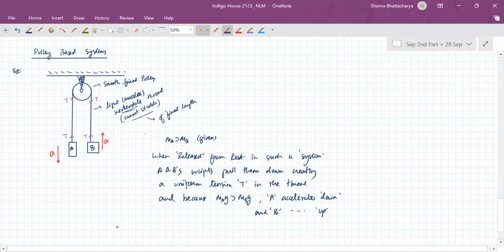So suppose in a problem like this, we are given the mass of A's value, the mass of B's value, and acceleration due to gravity as 10 meters per second square. And we want to calculate the acceleration and the tension in the thread. So ultimately what we will use is the free body diagram method to calculate this.